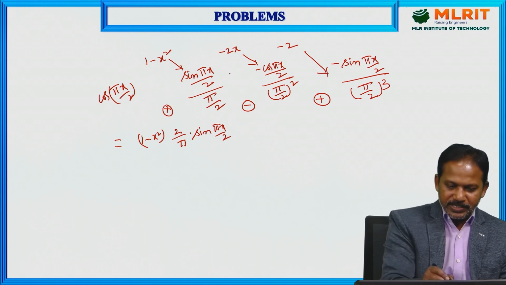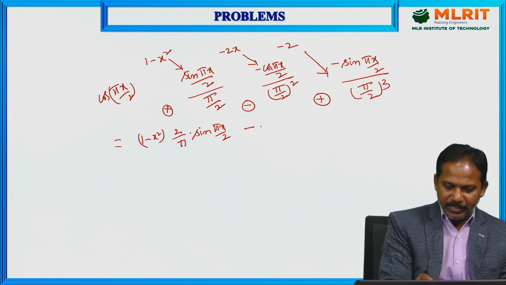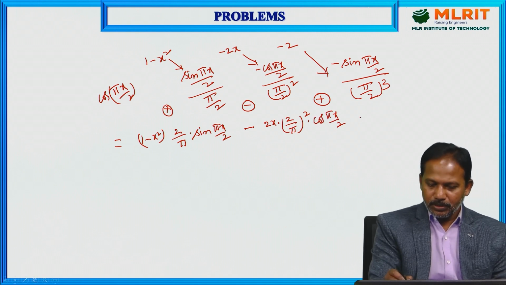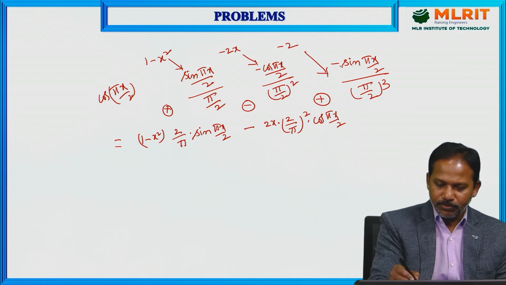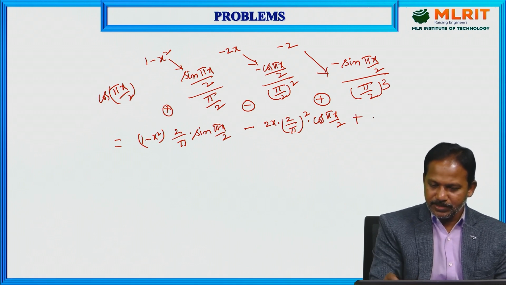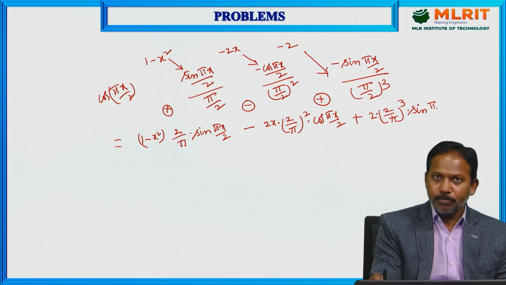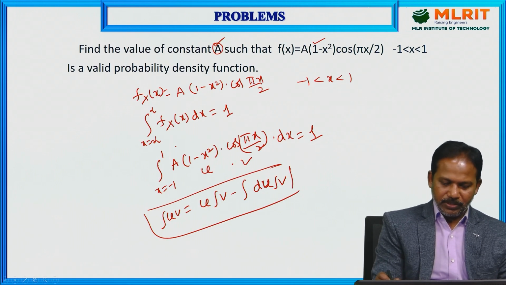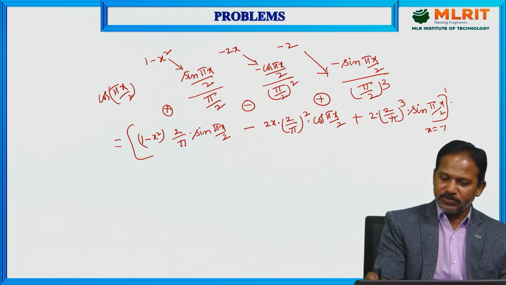Next, minus into minus is plus, plus into minus is minus: 2x into (2 by pi) whole square into cos(pi x by 2). Next, plus into minus, minus into minus is plus: plus 2 into (2 by pi) whole cube into sin(pi x by 2), from x equal to minus 1 to plus 1, is equal to 1.